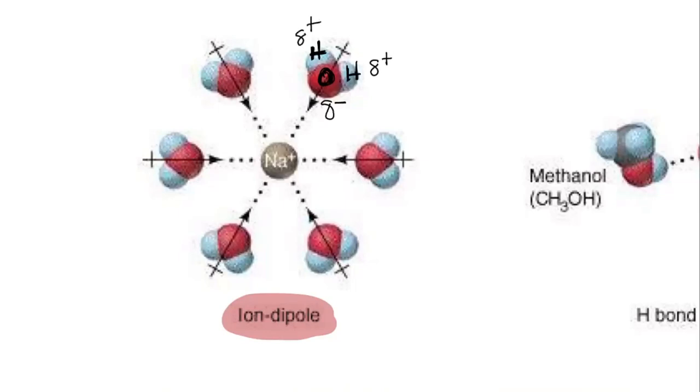Now, let's take into account that the reason why they can interact is because the full charge in your ion is interacting with the partial charge of your polar molecule. Let me put it in words.